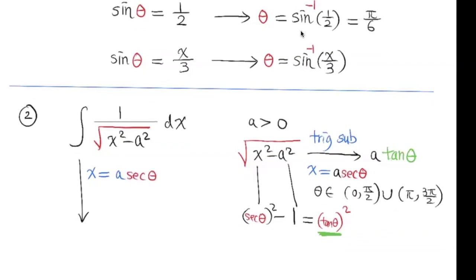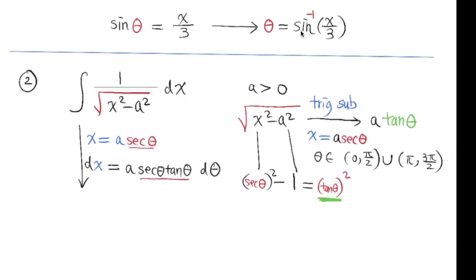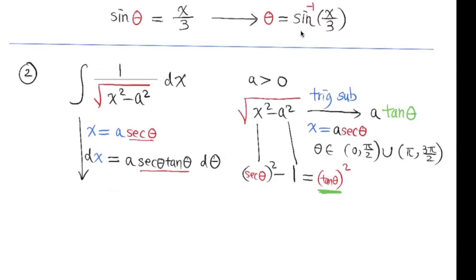So what does dx equal to? dx will be equal to a times secant theta tangent theta, and don't forget the d theta, because the derivative for secant is secant times tangent, right?